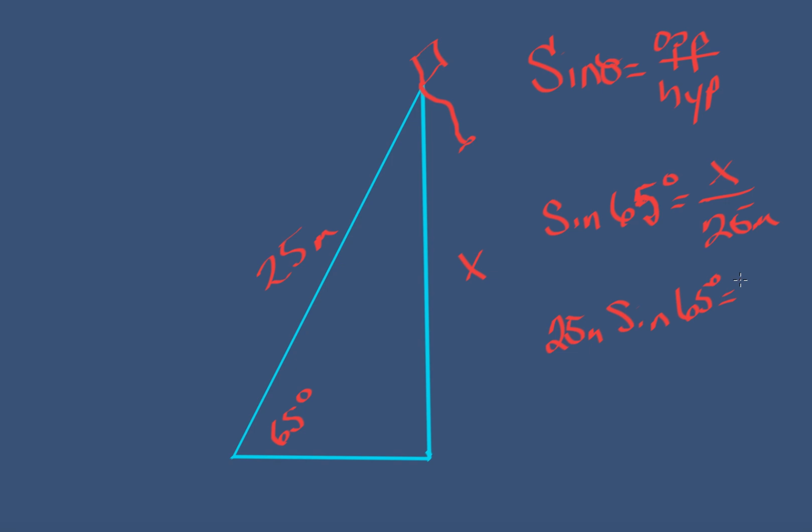Now, if this were some other value, I'd be able to get there real fast, but 25 sine 65, close parentheses, I better be in degree mode, is, to the nearest meter, just about 23 meters. And that's it.